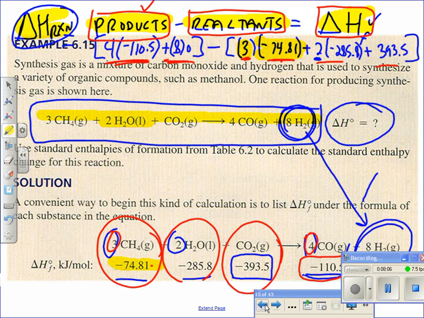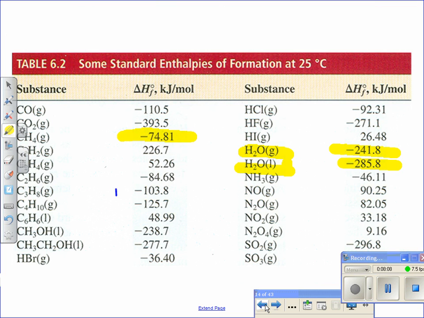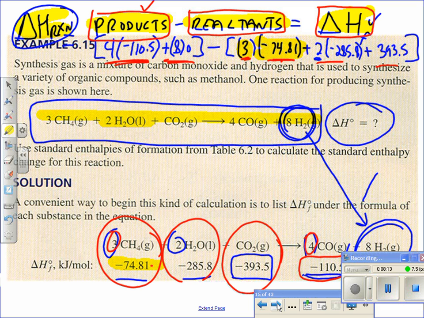I go back to the table right there. Water as a liquid is negative 285.8. I make sure to include the coefficient. The coefficient of water is 2, so I multiply by that 2. Last one is CO2. If you look back at the table, it's negative 393.5, times 1. I get all my reactants. I would sum those up. That's what the brackets mean. I get a value for that.